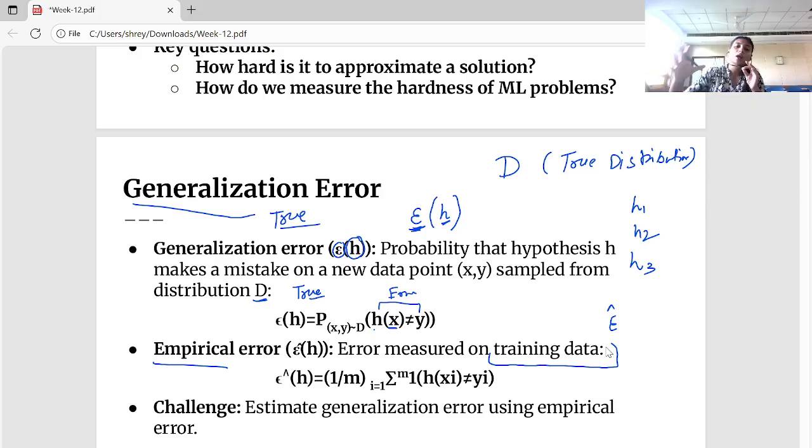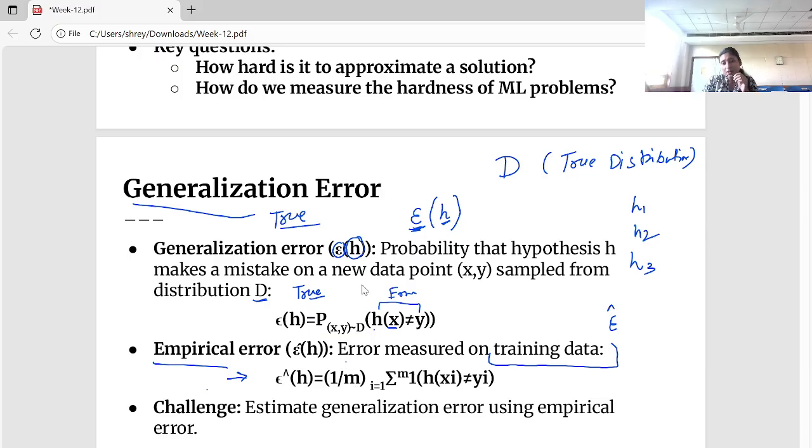So we collect some sample data, which is called training data, and we calculate the error using the hypothesis on this data. This data is a sample from the whole distribution, which we don't know, which is why it is called empirical error. This empirical error is defined as a simple mean square error, which is why it is written as 1 by m. You train your model on this data, you calculate the average error, and that is called empirical error.